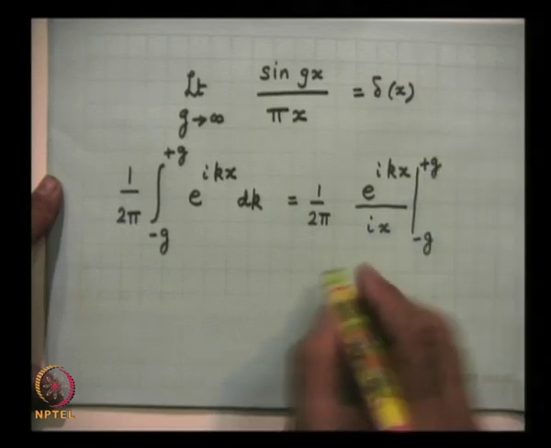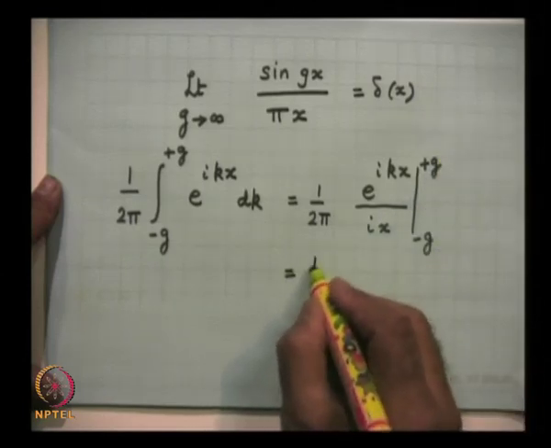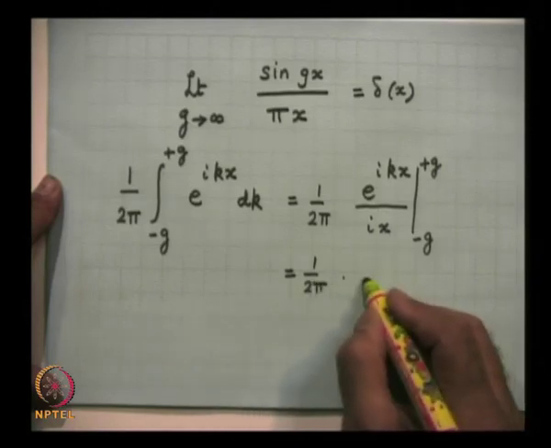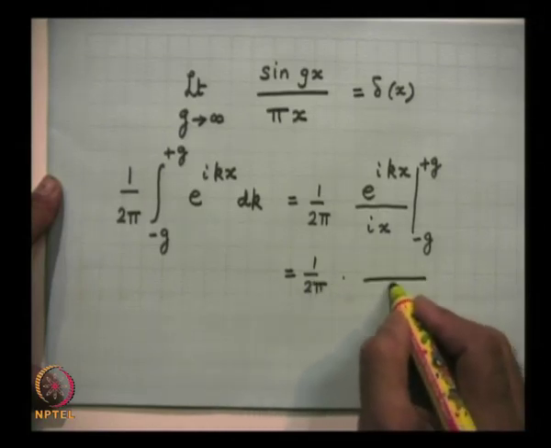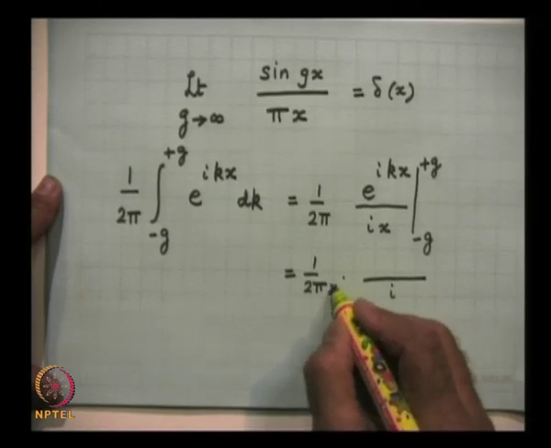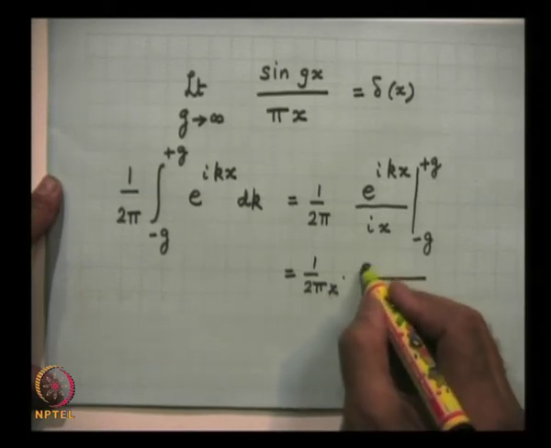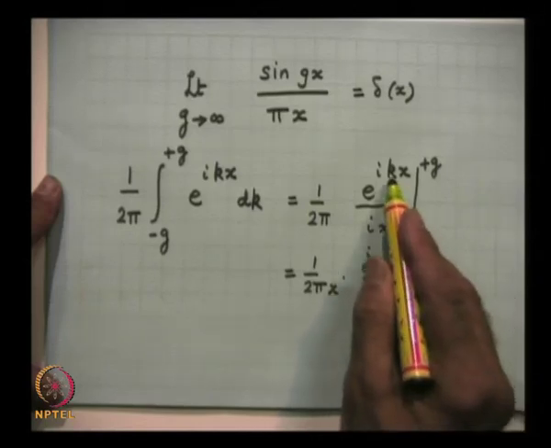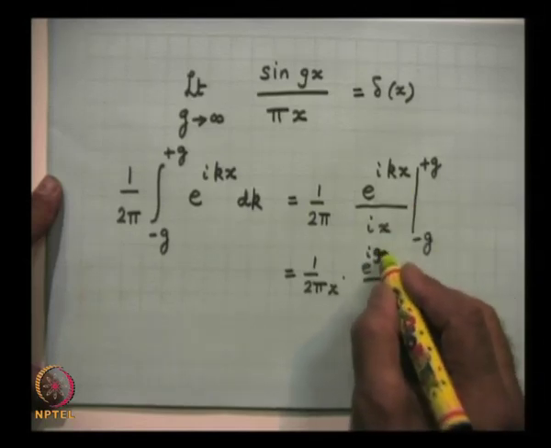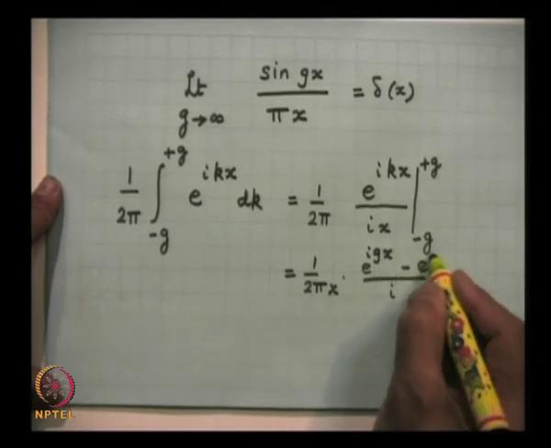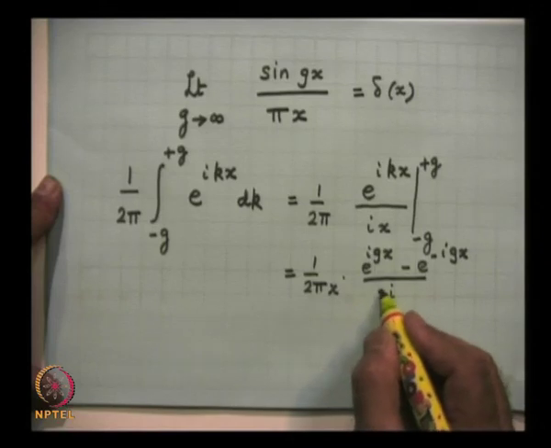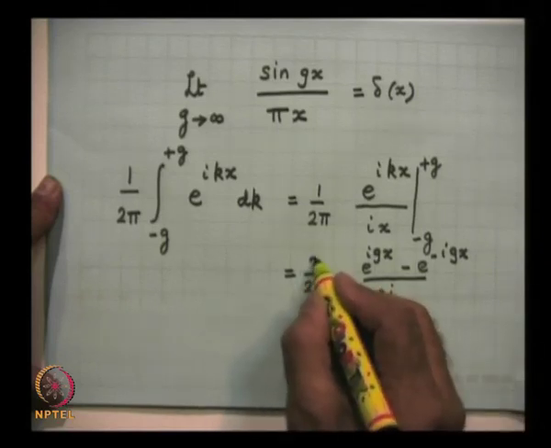So, you will have 1 over 2 pi, and i x in the denominator, let me put x outside, i here, e to the power of i, k becomes g, so i g x minus e to the power of minus i g x. I multiply by 2 and divide by 2.